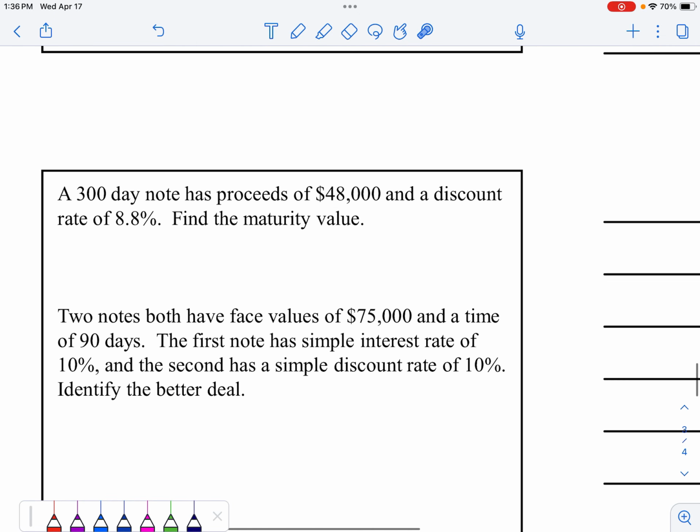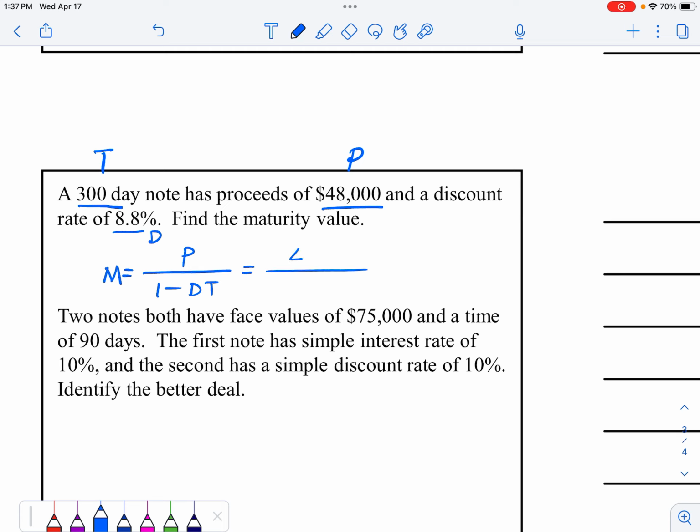Let's look at the next one. A 300-day note has proceeds of 48,000 and a discount rate of 8.8%. We need to find the maturity value. And this is certainly the time. This is the proceeds. This is the discount rate. We want to find the maturity value, which is P over 1 minus dt.